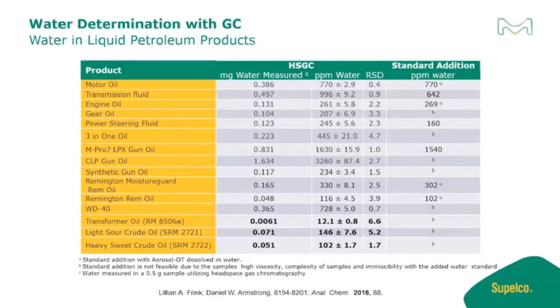You can see, ranging from motor oil, the number of milligrams of water measured versus the ppm of water, from 770 all the way up to 1630, to 3200 in gun oil, high amounts of water, looking at some crude oil. So it can be used for a wide variety of different petroleum products, again, using headspace gas chromatography, to easily quantitate the amount of water in these liquid petroleum samples.